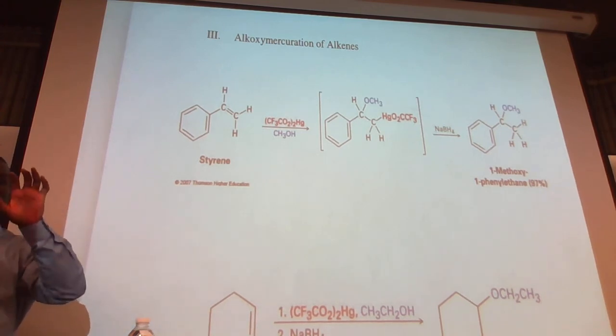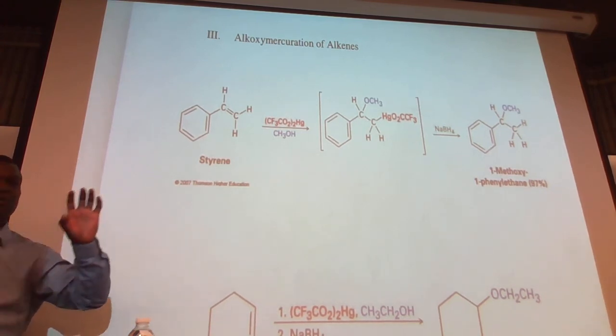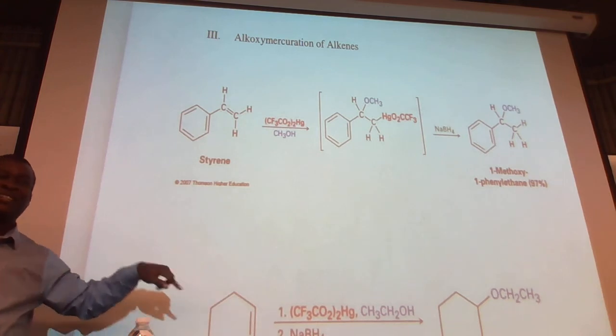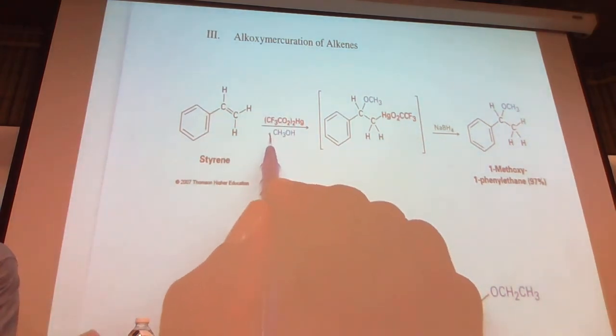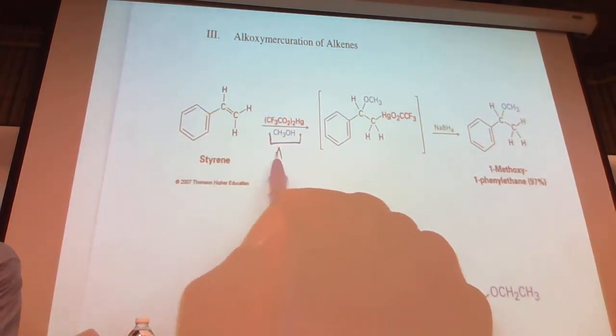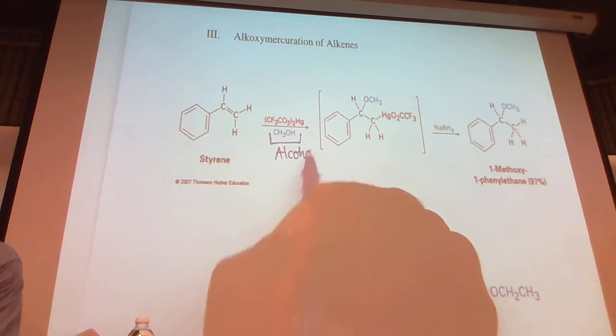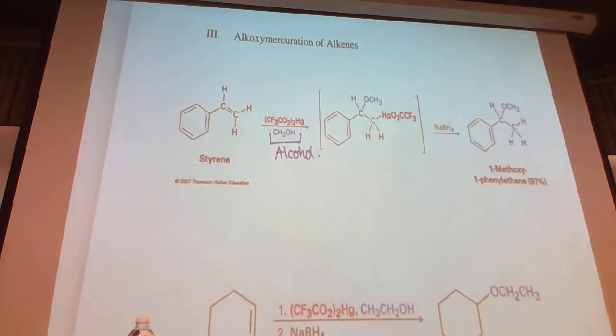If you switch that H2O to an alcohol, you won't be getting alcohol again, you'll be getting ether. So that's what this chemistry here is talking about. So instead of water, you're using alcohol. So if you go and review the mechanism for the oxymercuration of alkene to get alcohol, you see the same thing.